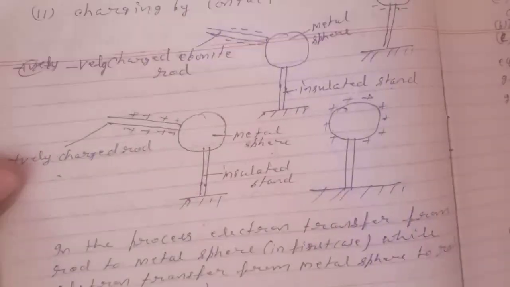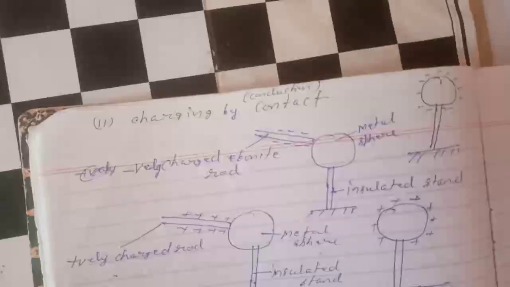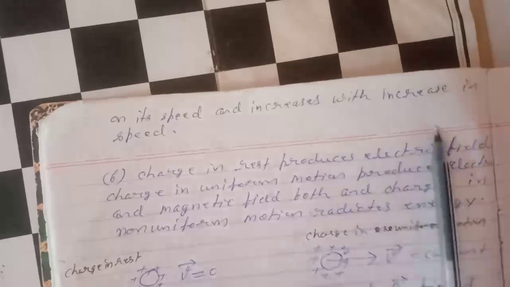Next, charge is invariant. It means that charge is independent of the frame of reference. That is, the charge on a body does not change whatever its speed, but charge density or mass of a body depends upon the speed of the body and increases with increase in speed.